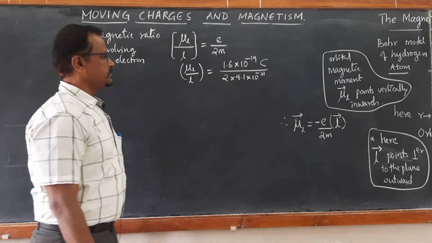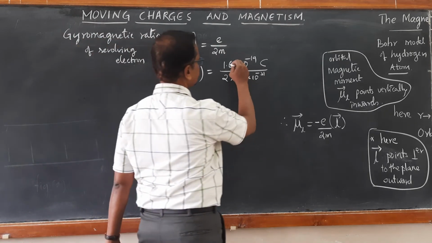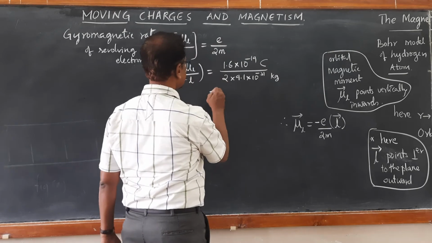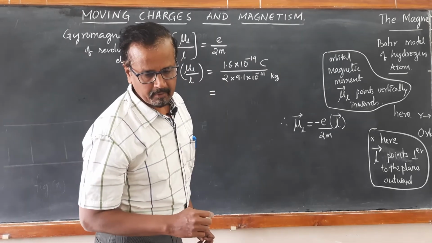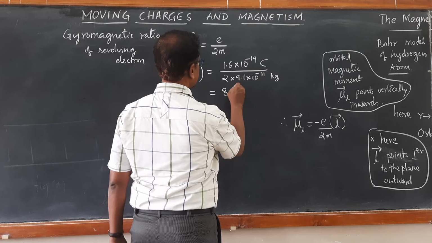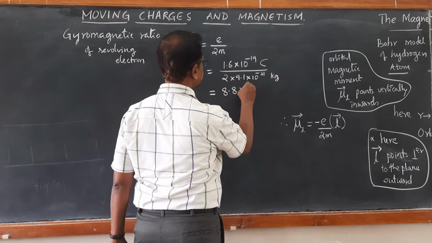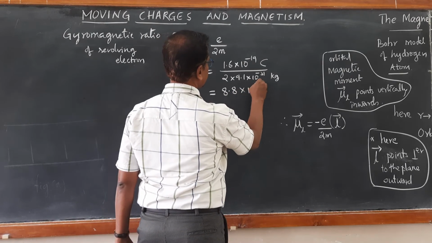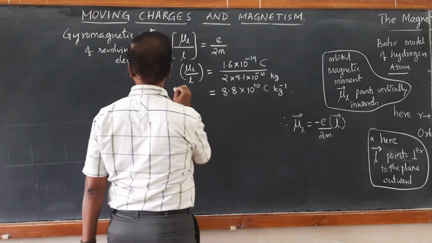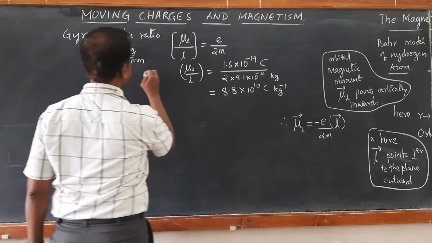So if you substitute this, you get so much coulomb per kg. It is calculated to be a constant value, 8.8 into 10 to the power of 10 coulomb per kg. This is the gyromagnetic ratio of the revolving electron.